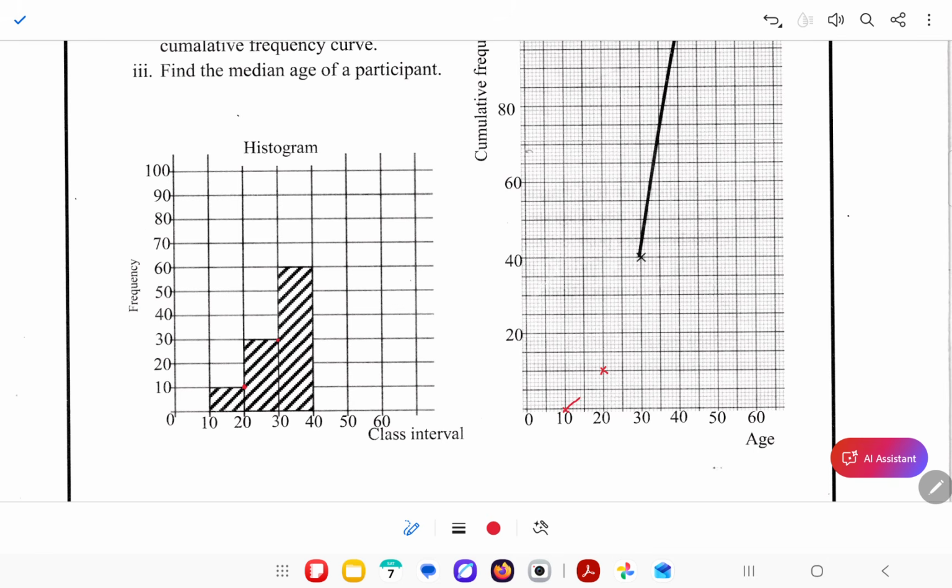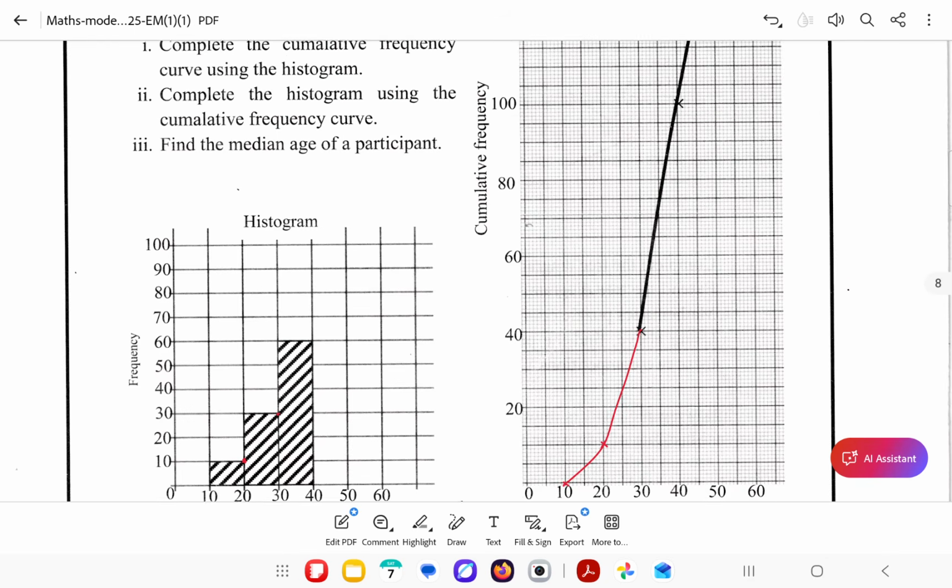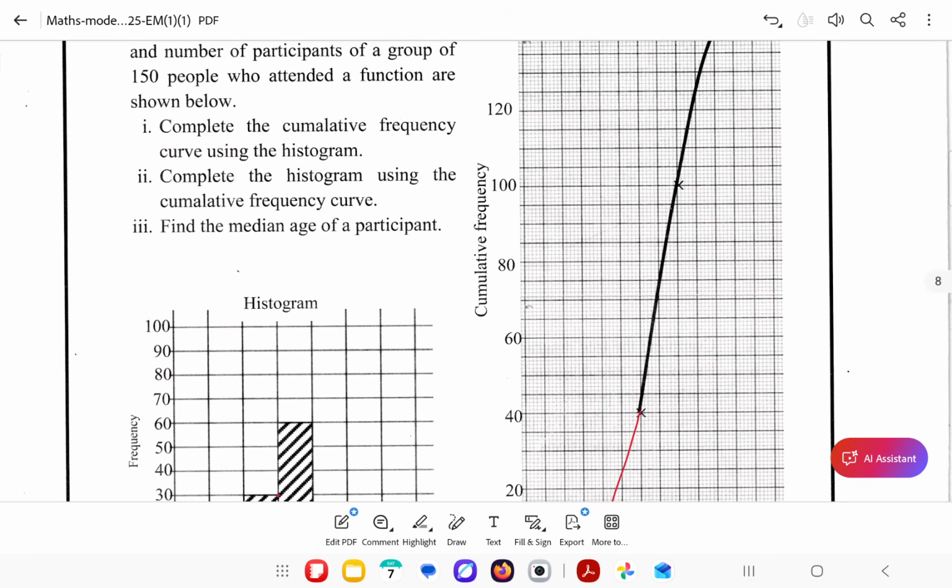So that's the completed cumulative frequency diagram. Now, complete the histogram using the cumulative frequency curve.